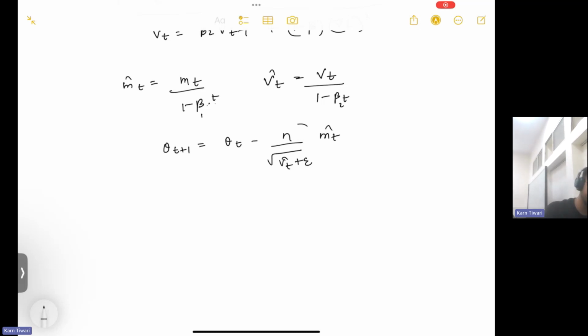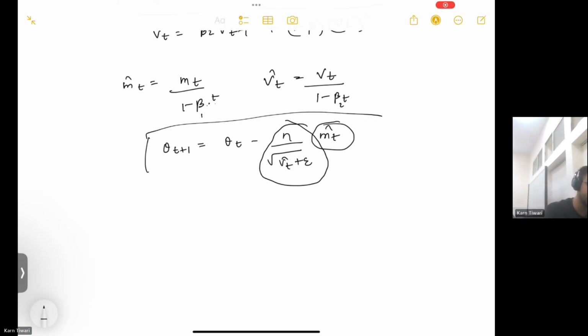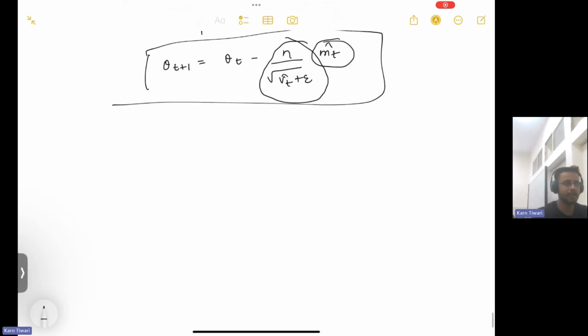So this is again a step size which depends upon the time of the update, and this m of t is the direction. Whatever optimization algorithm you see across machine learning, controls, engineering, everywhere, this form remains the same. Only people are designing better and better controls which converge faster.